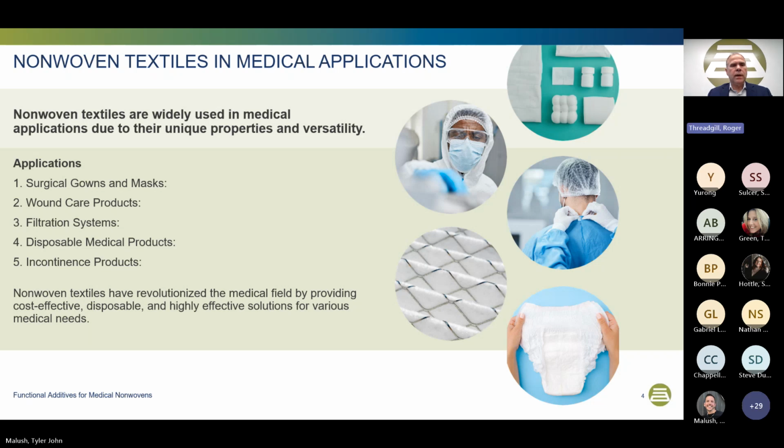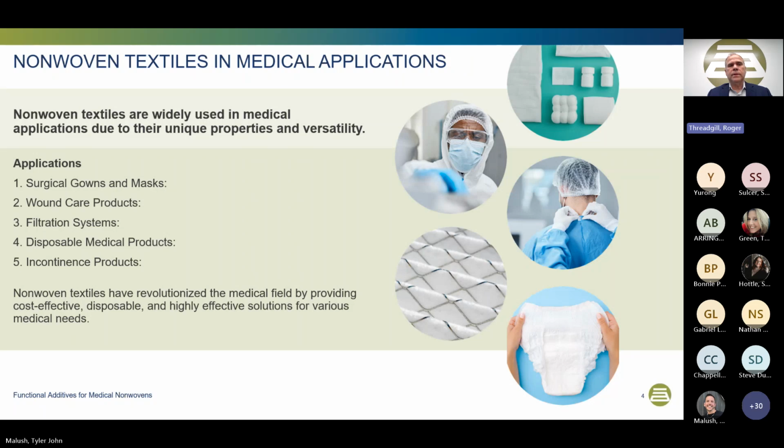Wound care products like bandages, dressings, pads, and swabs leverage different moisture management properties and further reduce the risk of infection. Filtration systems utilize non-woven textiles in some medical devices like surgical masks and air filters, which help to maintain a sterile environment.